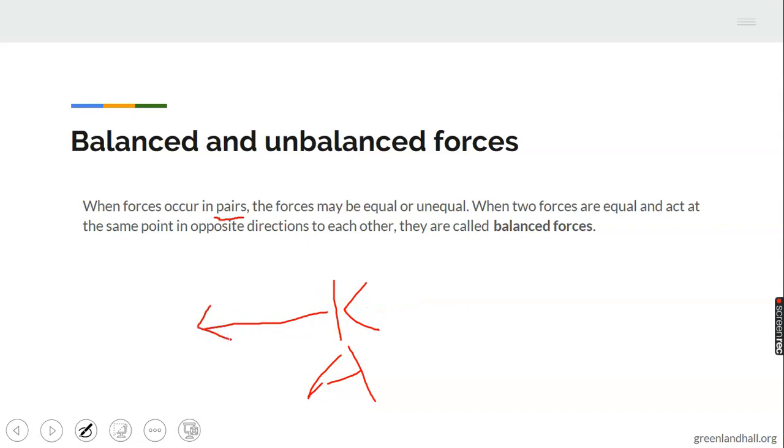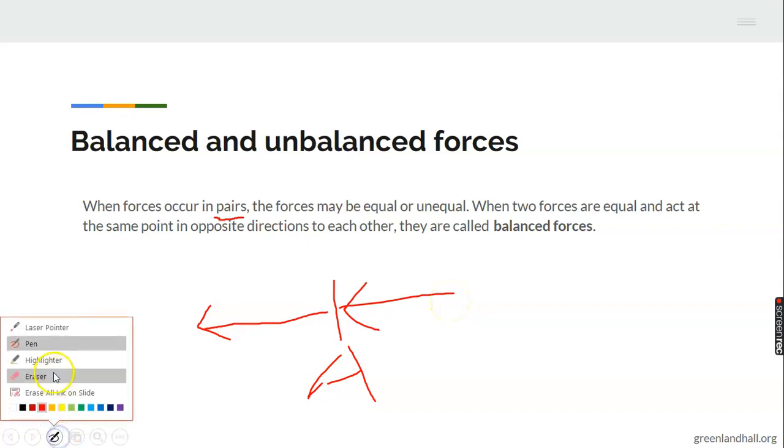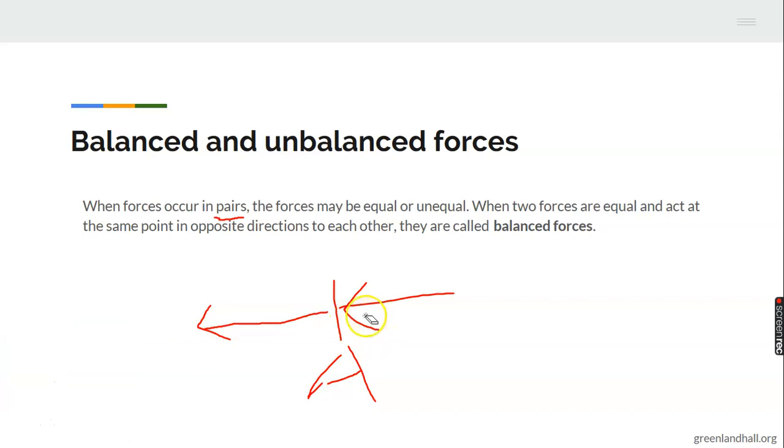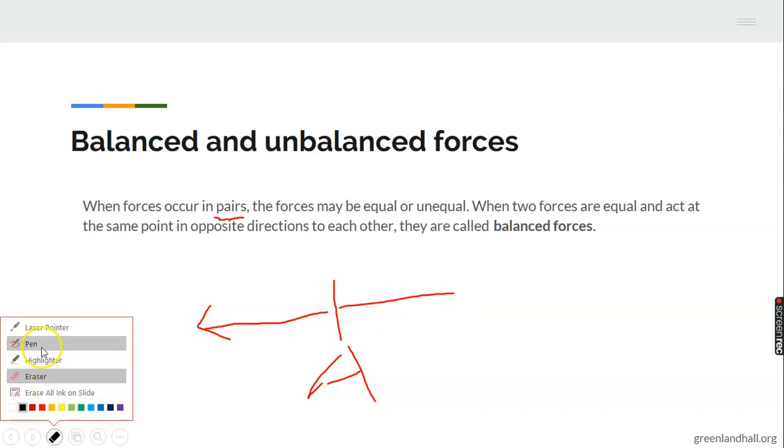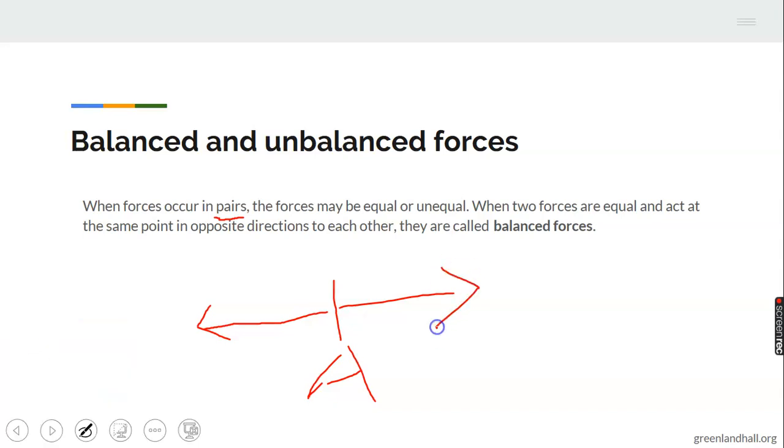Can you see the difference? They are acting at the same point but in opposite, sorry, that should be opposite, not same direction. So it is in opposite direction. That means this one is going this way and the other one is going that way.